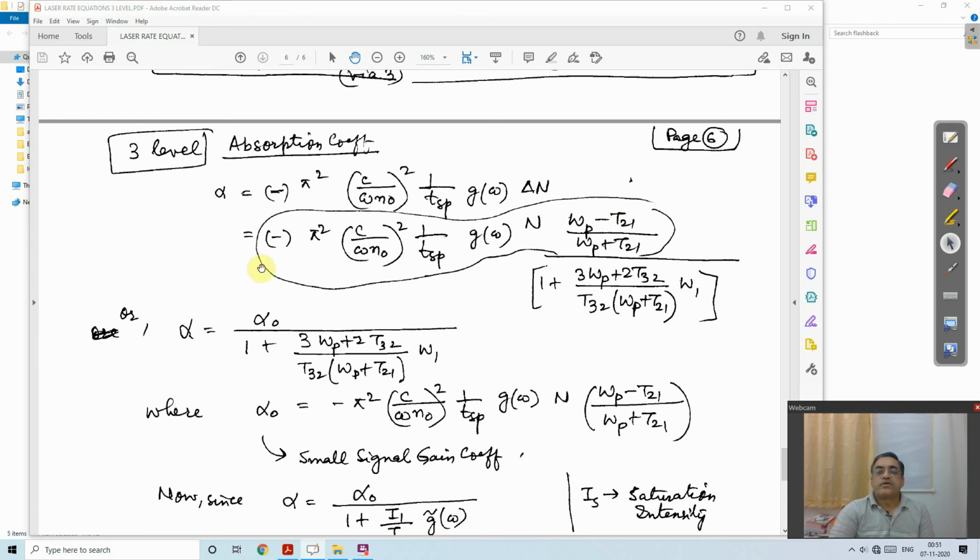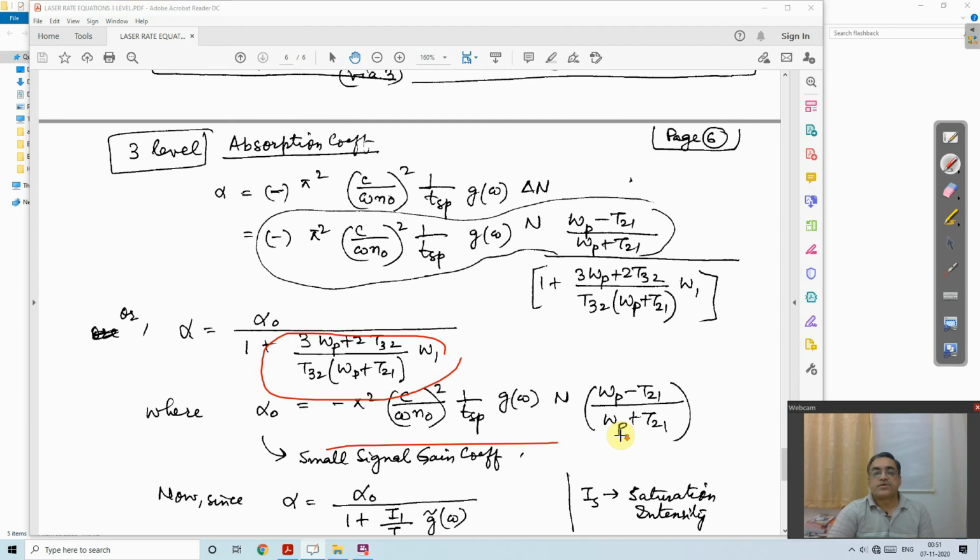If I put all these equal to alpha naught, because it is going to be constant for one particular set of parameters, I obtain the absorption coefficient equal to alpha naught by this thing in the denominator.